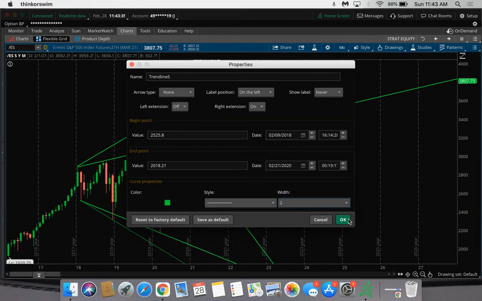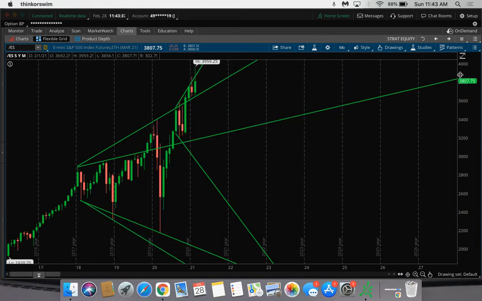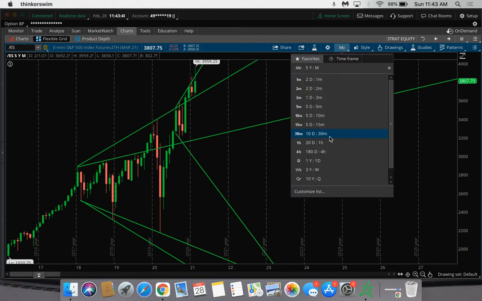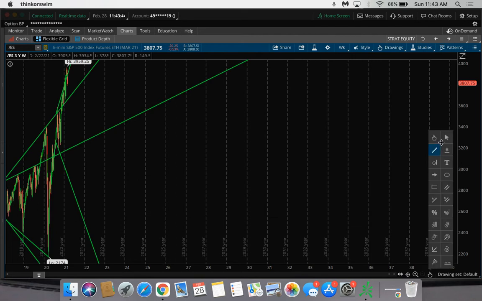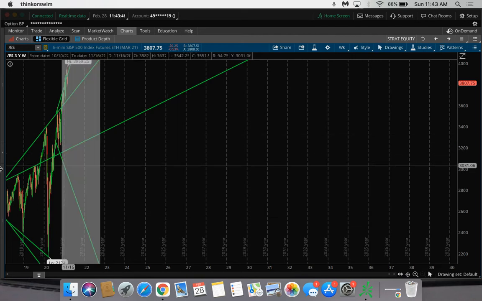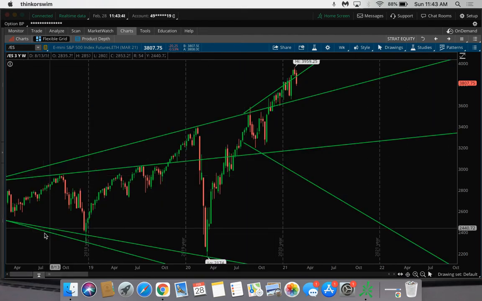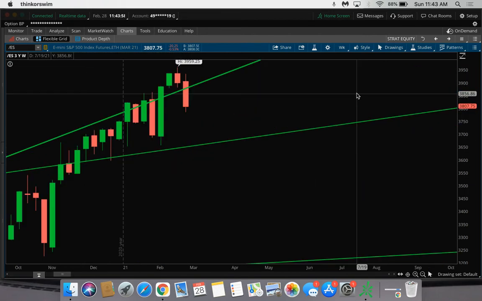Okay. Now let's zoom in here on the weekly and see if we're seeing the same broadening formations. And we are, and we can even adjust them a little bit, although I don't think we need to. Right there. Okay. What do we see here? Do we see a recent broadening formation happening here on the weekly?